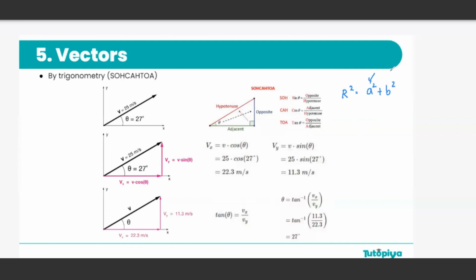If A is the horizontal force and B is the vertical force, to find theta, which is the angle to the horizontal, we can use tan inverse A over B. This is all you need to remember. In the previous slides, I taught you the derivation. But really what's most important is knowing these two equations.